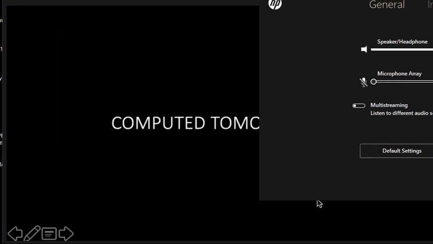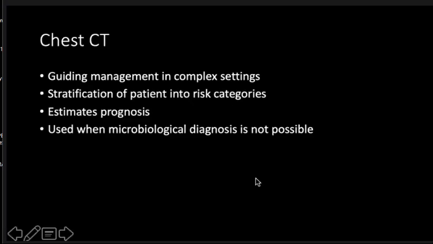Next, I will be discussing the chest CT, computed tomography, findings. So high resolution chest CT is a quick, accessible test considered to be the most sensitive imaging test for detecting COVID-19, with a reported sensitivity of up to 97%. Some studies have found that chest CT findings may precede positive RT-PCR results.